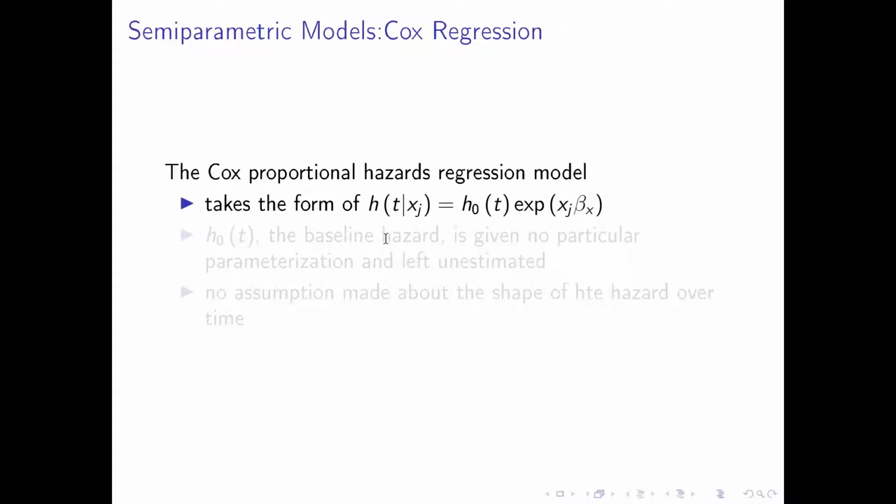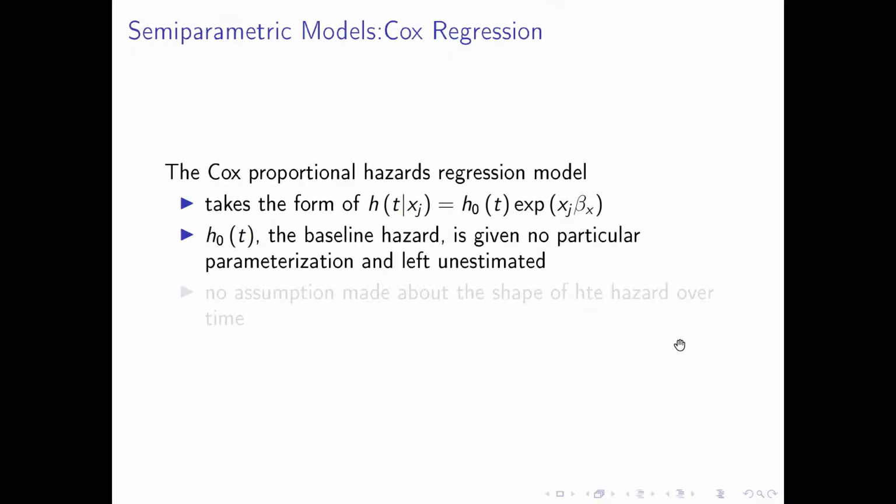First is the baseline h0, then multiplied by the exponential function of xj beta x, the covariates. The baseline hazard h0 is given no particular parameterization and left unestimated.